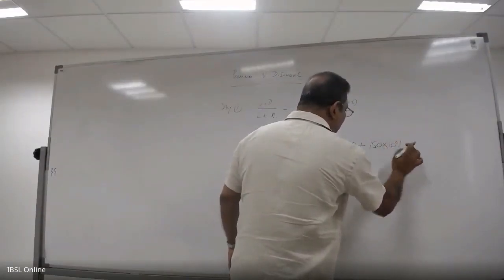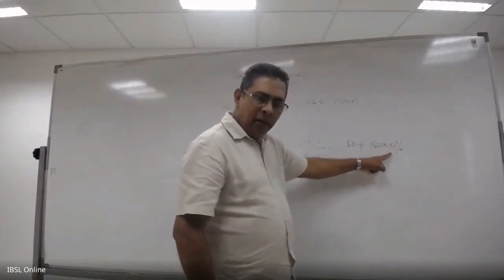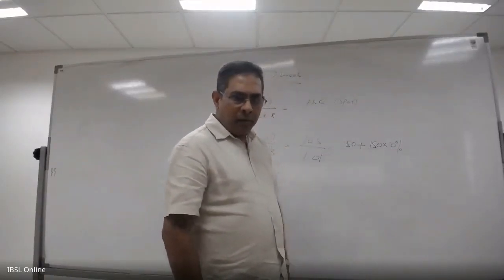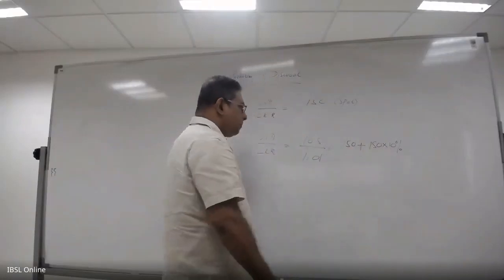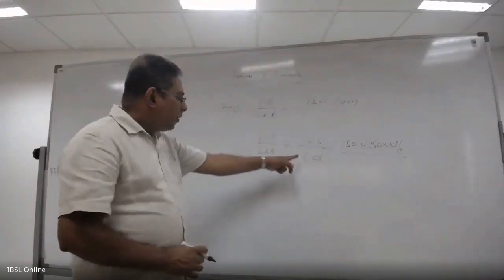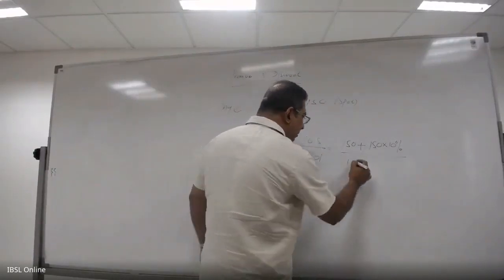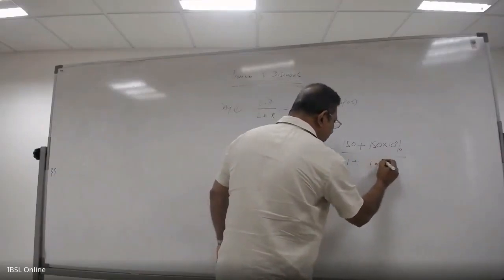This 10% is per annum. If I made it for 6 months, I have to multiply by 6 over 12. The 1.01 has come: the capital is $1 plus 1% per annum.